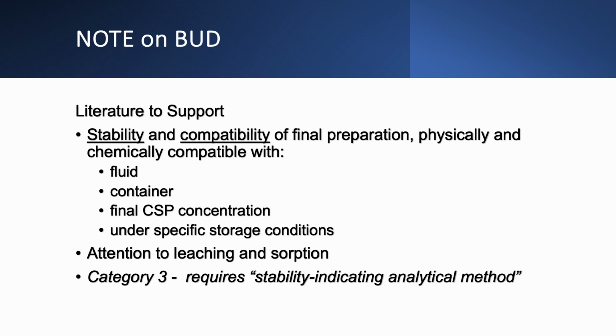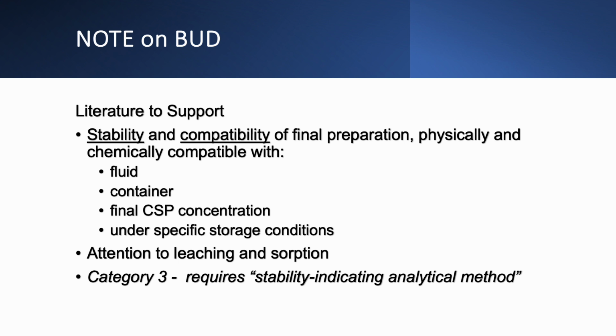An important note on assigning beyond use dates: they must be done conservatively. We also want to make sure we can find literature that supports the beyond use date we assign for Category 1-2 compounds. We want to ensure that the final preparation is physically and chemically compatible with the fluid, the container, the final CSP concentration, and the storage conditions under which we're keeping it.